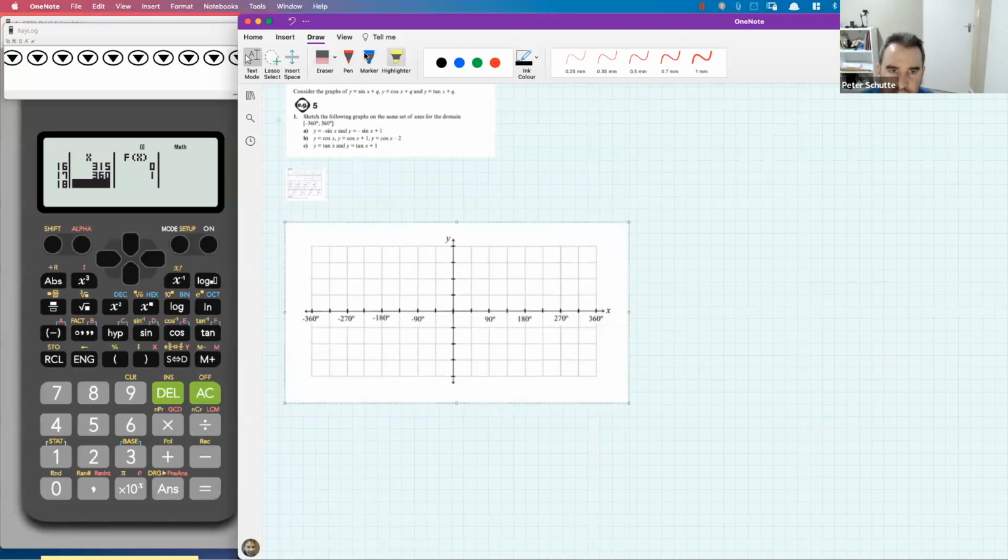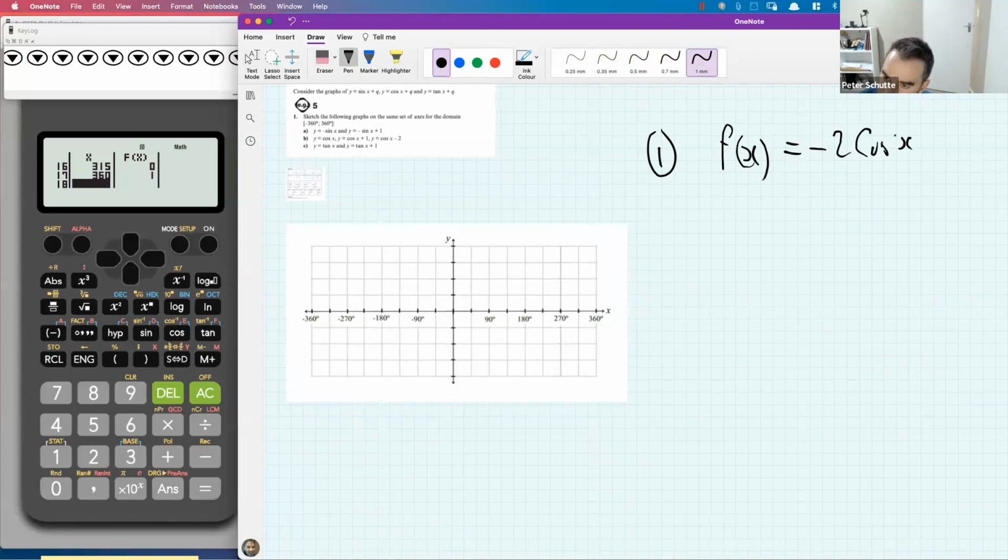So let's say I want you to draw the graphs of f of x equals minus 2 cos x plus 1, and the graph of g of x equals sine x.